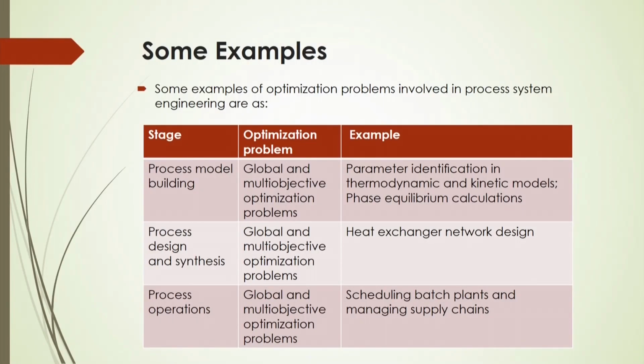Now, here some examples are given of optimization problems involved in process systems engineering. There are several stages of operation. The process model building stage we have discussed in the earlier lectures, along with different stages and different levels of solving for the design of sustainable processes. The stages are process model building, process design and synthesis, and process operations.